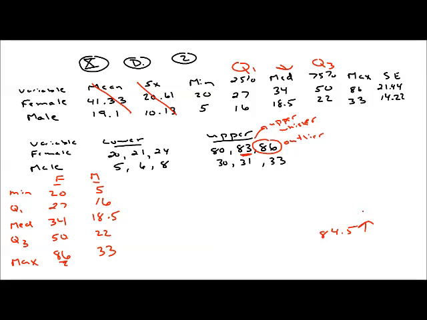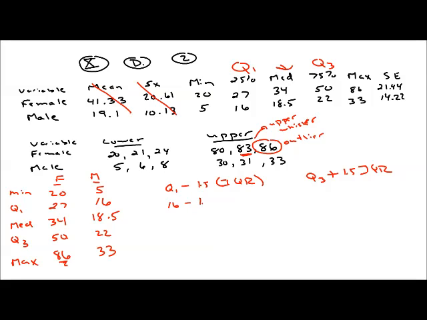All right. Now let's do the males. Q1 minus 1.5 IQR. Q3 plus 1.5 IQR. Well, Q1 is 16.